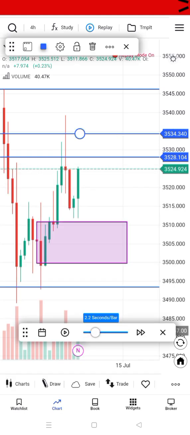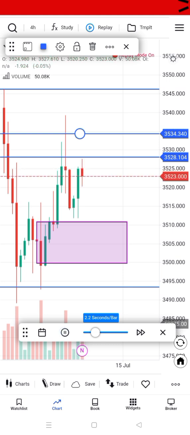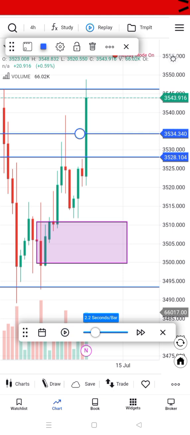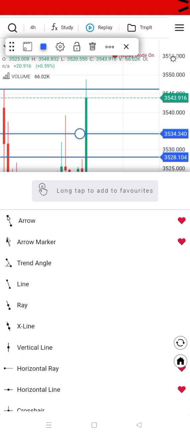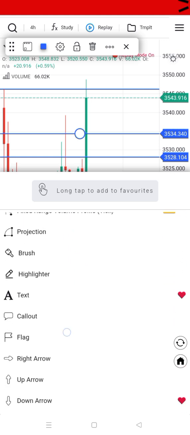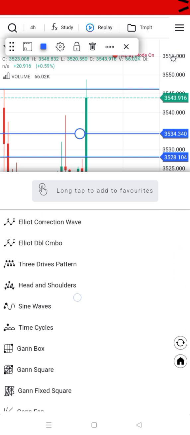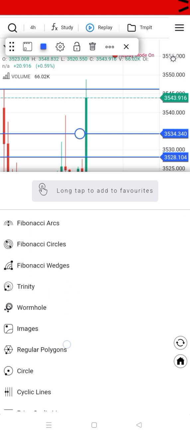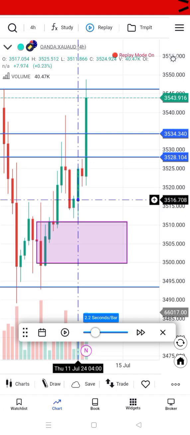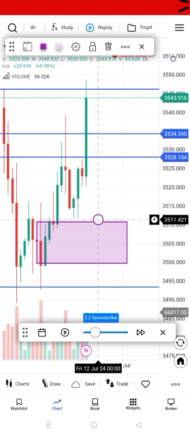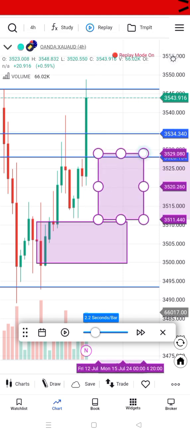It works very well, especially when analyzing, looking for the order blocks, fair value gaps, looking for all those requirements that are required to trade. So let me now start drawing and looking for some opportunities here.